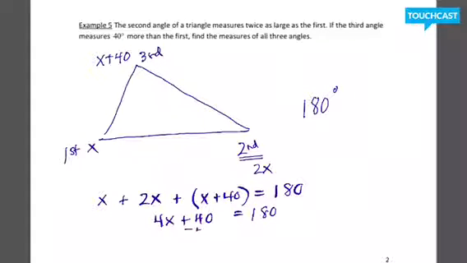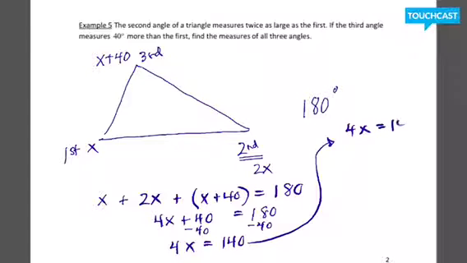Subtract 40 from each side, and I get 4x equals 140. Now I can divide both sides by 4, and I'm getting x equals 70 over 2, x equals 35.